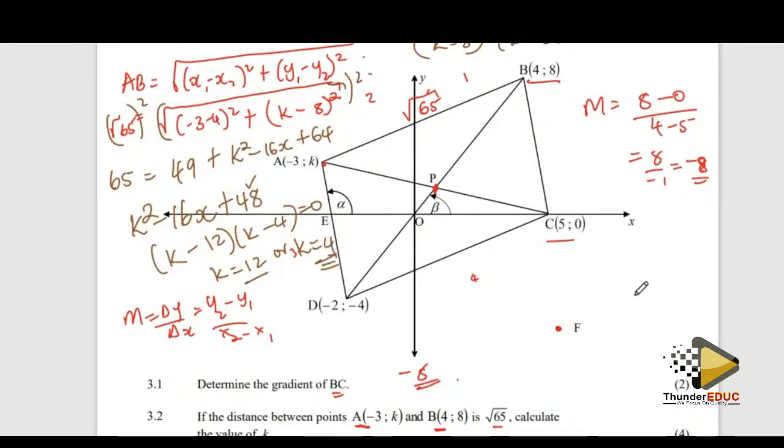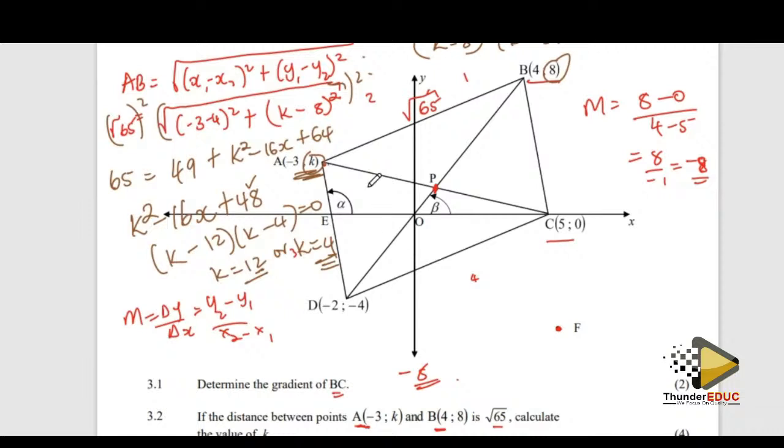No need to stress. But when we look at where k is, this k is below the 8. So k cannot be a 12. This simply means at y12, the distance between A and that point is still going to give us root 65.